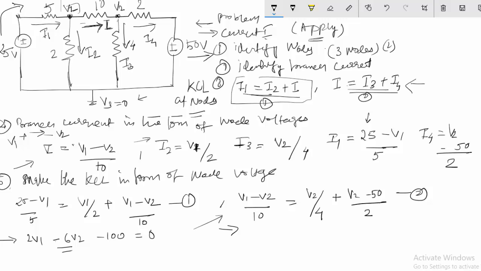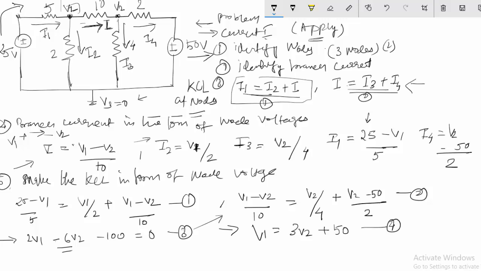And for the second case, what I will get is V1 equal to 3v2 plus 50. So this will become my third equation, or this could become my fourth equation.